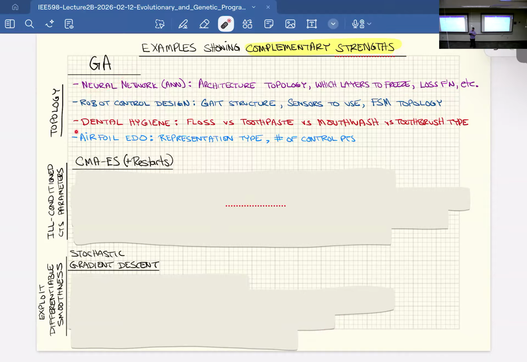As a cutesy example, your own dental hygiene. Do I use floss or toothpaste or mouthwash? And is it an electric toothbrush or a static toothbrush? And I mentioned multimodal optimization, and maybe you find that in every good solution you can come up with, there's always floss. Floss is just so important because plaque hardens to tartar in 24 to 48 hours.